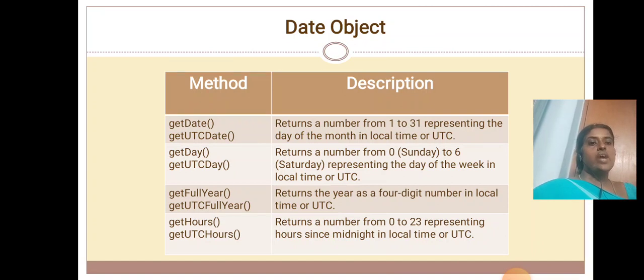It will return a value from 0 to 23. Each day consists of 24 hours, so it will return 0 to 23. If it is 3 a.m. in the morning, it will return 3, and if it is 3 p.m. in the evening, it will return 15. In this way, we will get an answer for the methods getHours and getUTCHours.